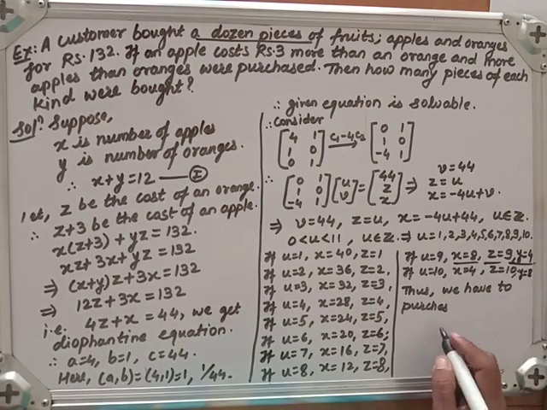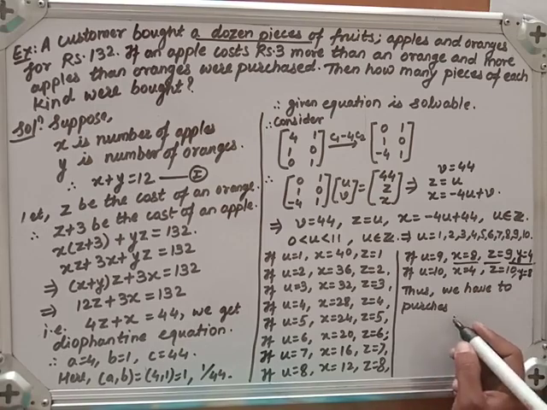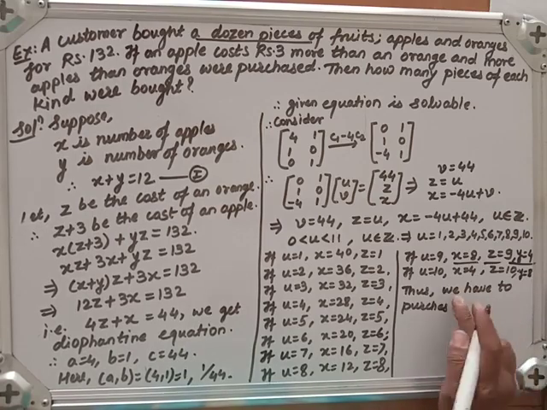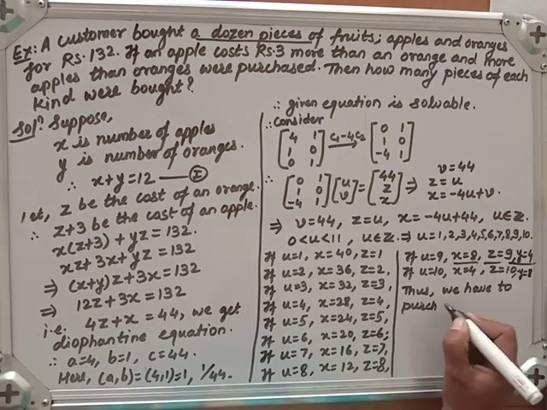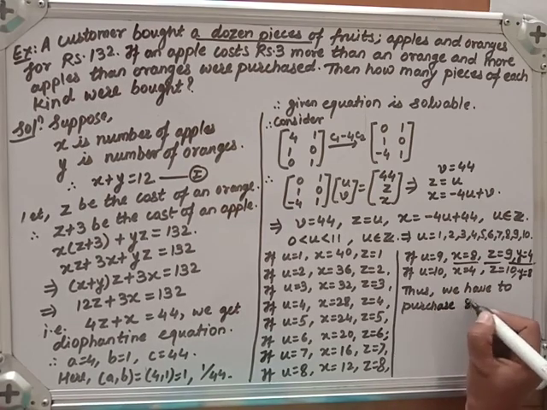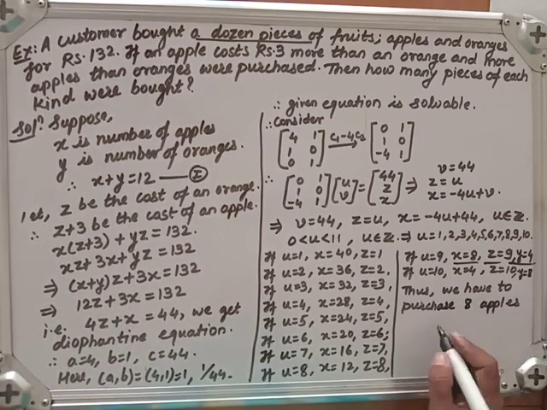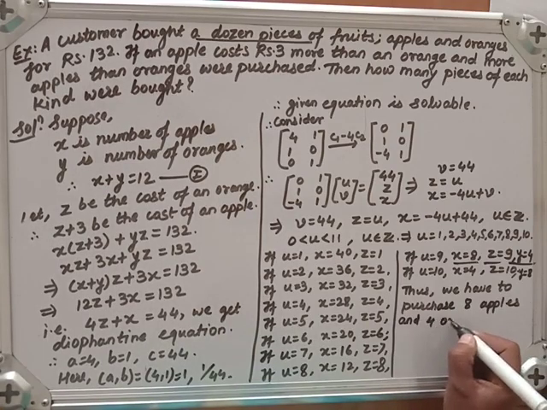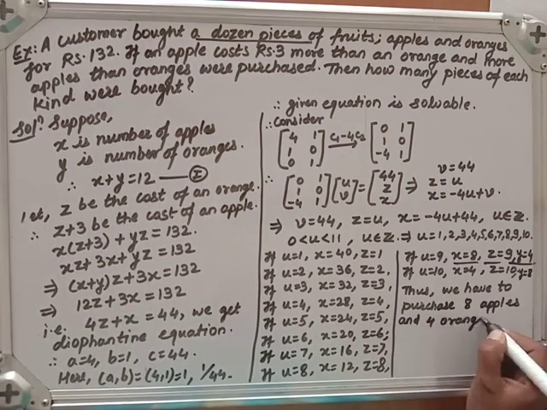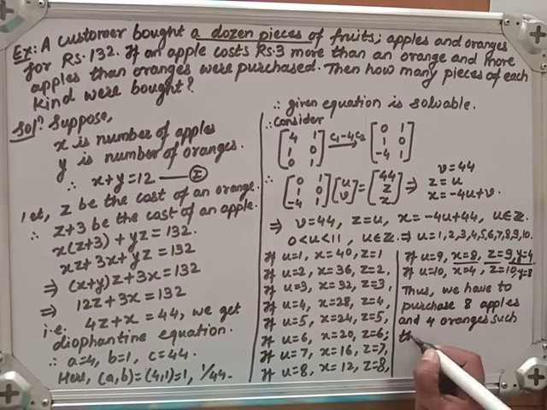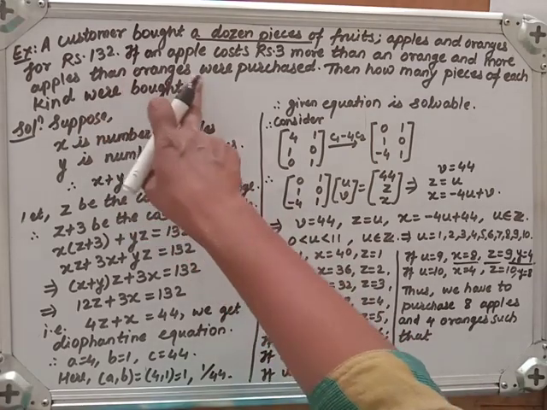So thus we have to purchase 8 apples and 4 oranges, such that our condition is that the number of apples should be more than the oranges.